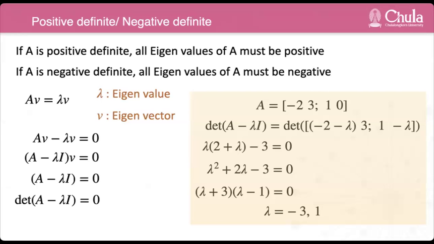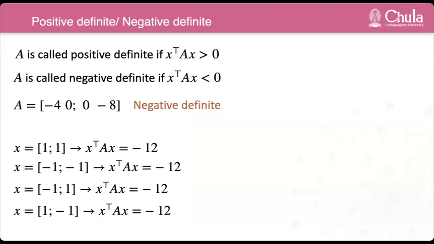I will briefly explain this. From the property of positive definite and negative definite, you cannot test whether A is negative definite by varying X and testing every point. It's impossible to test infinite points.